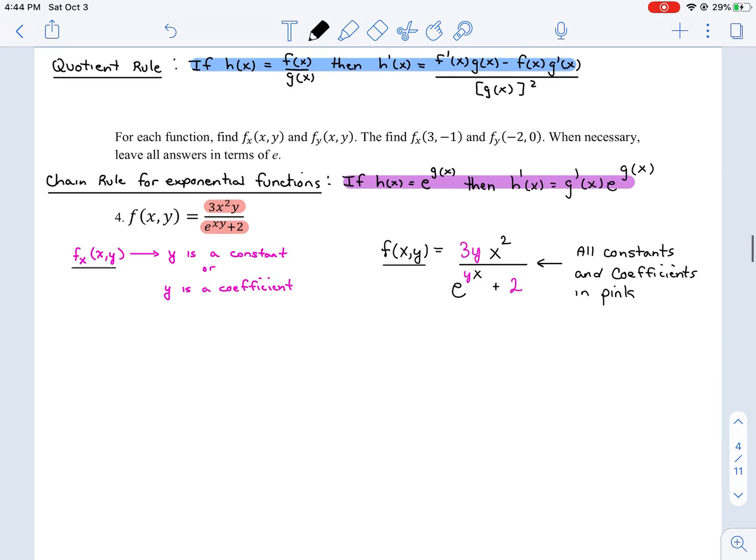So to apply the quotient rule, I'm going to work with the numerator and the denominator individually so I can get the parts that I need to put the quotient rule together. So I'm going to label the numerator g of x, y.